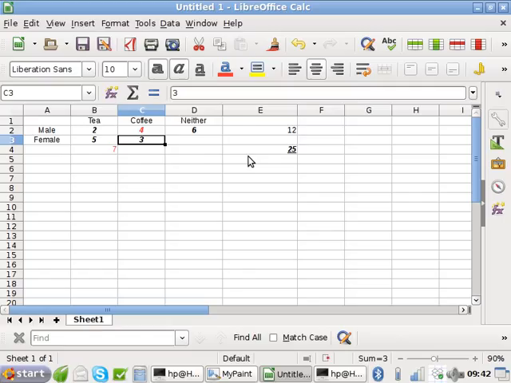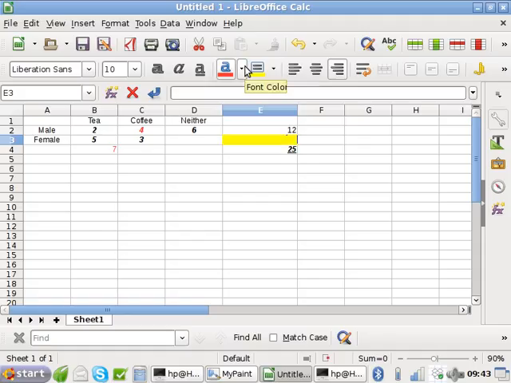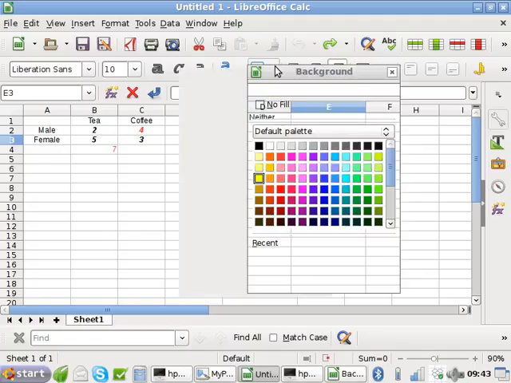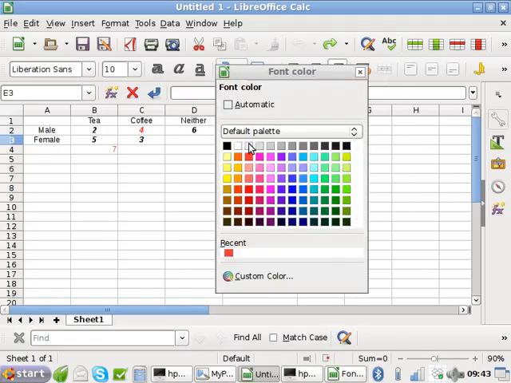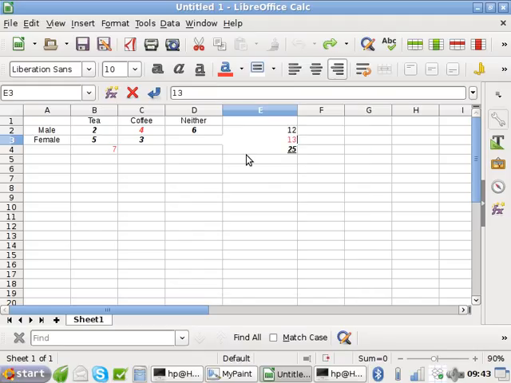Okay, so let's see. There's 25 people in total. 12 of them are male, so that means 13 of them must be female.